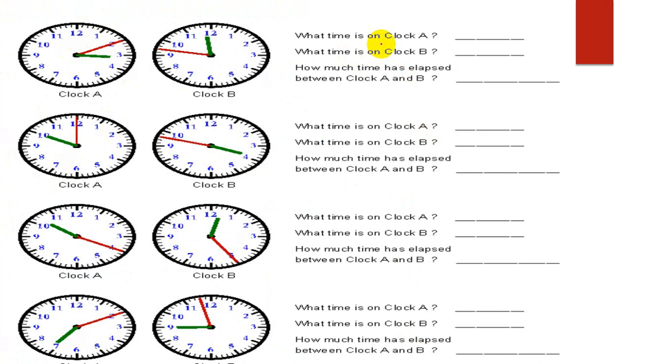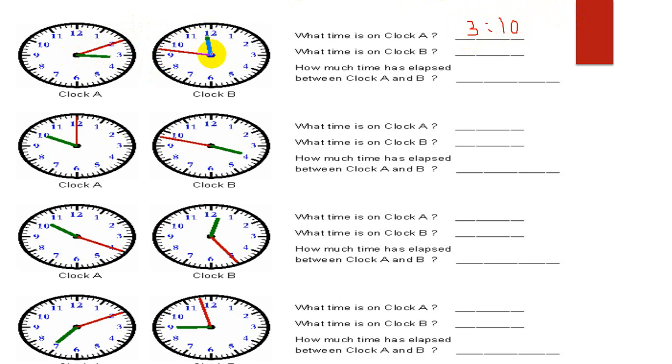What time is on clock A? The time in clock A, yes, the short hand points to 3 and the long hand points to 2. The long hand, this is the minute hand, and the short hand, the hour hand. So the time is what? 3:10. 2 multiply 5 is 10.